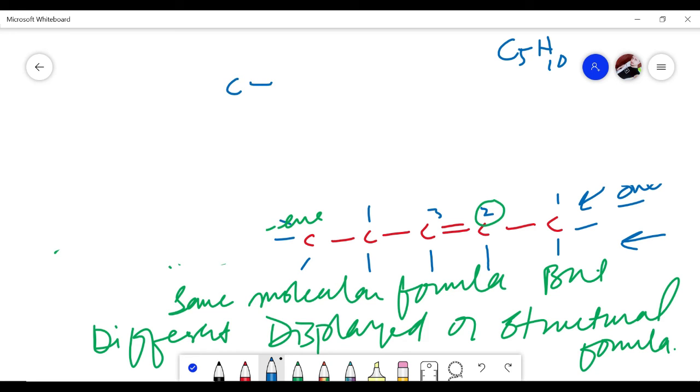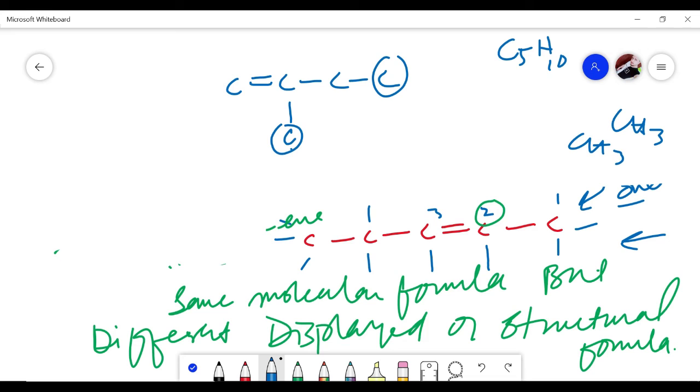So 1, 2, 3, and 4 carbons now. The double bond is between 1 and 2, and there is a C here also. The C at the end for the alkanes can be written as CH3. Any branch connected, one carbon, can be written as CH3. Okay? CH3 is methyl group.